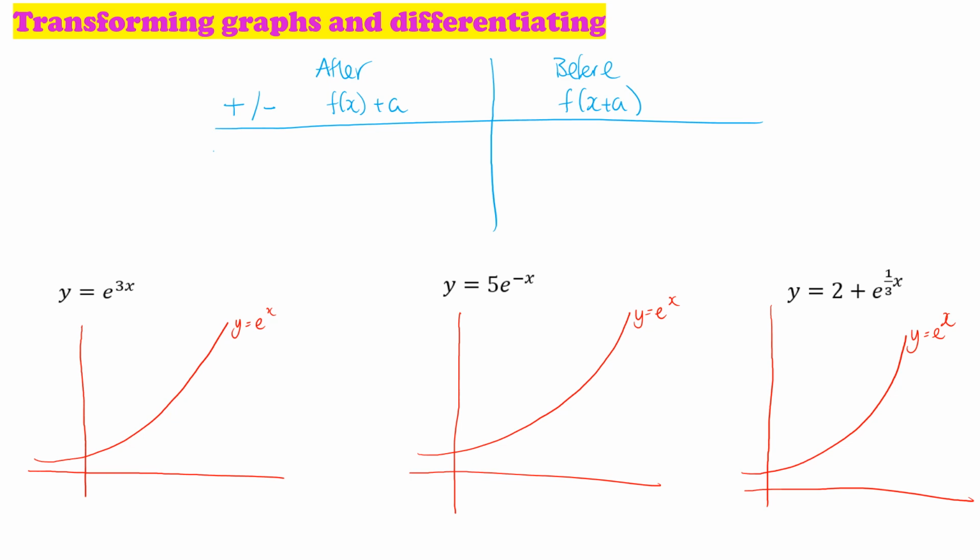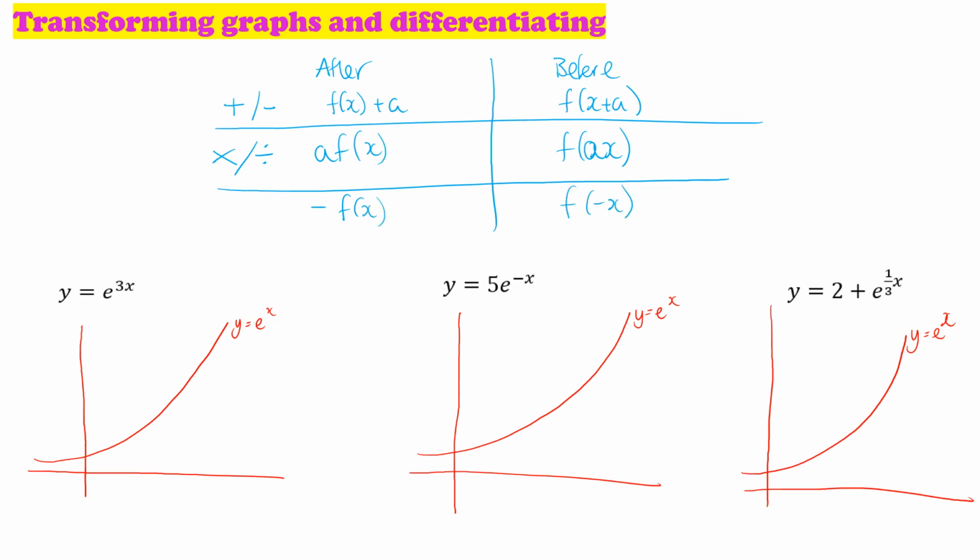We can multiply and divide. So we've got the function and then times it by a constant, or we can times those input values by a constant and then apply the function, or we can make the function negative or make the input values negative and then apply the function.